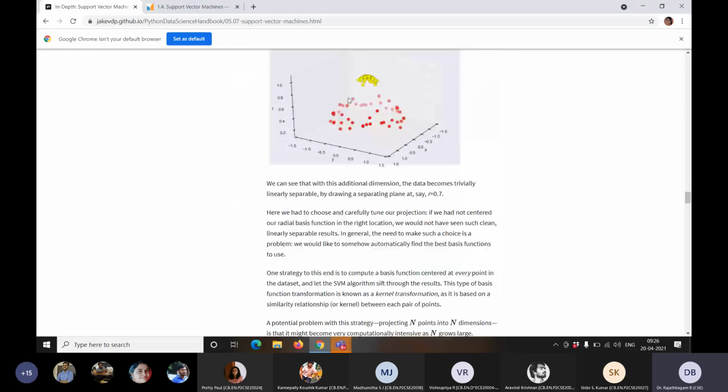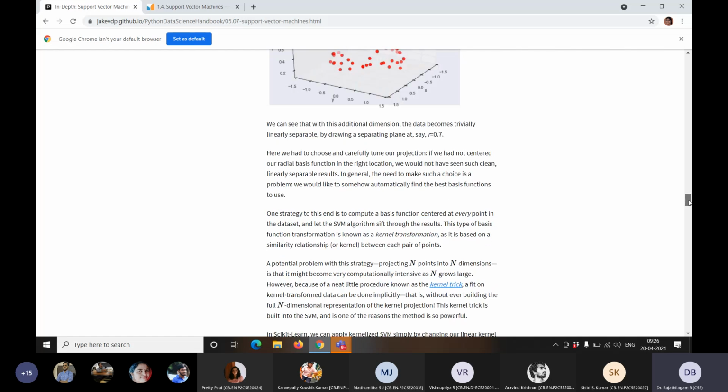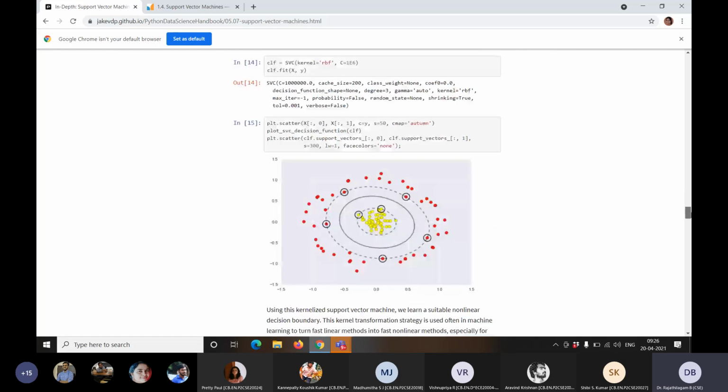So in the third dimension, as you see here, the yellow points and the red points, though they are in a circle, now they have been separated in the third dimension so that you can have a plane in between. Now, if you project it in two dimensions, you will have a circle, with the margin as a circle and the decision boundary as a circle.